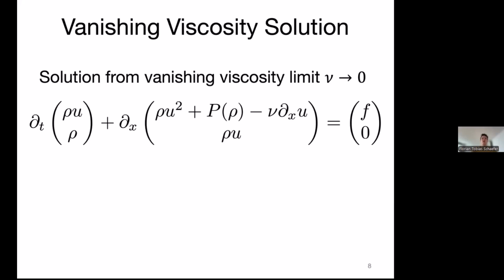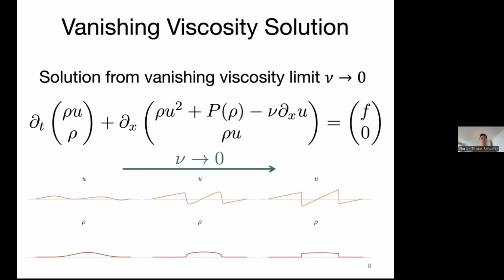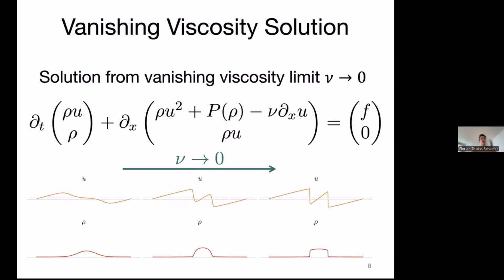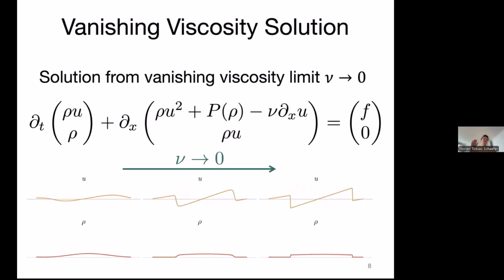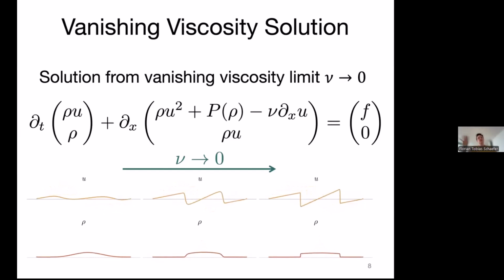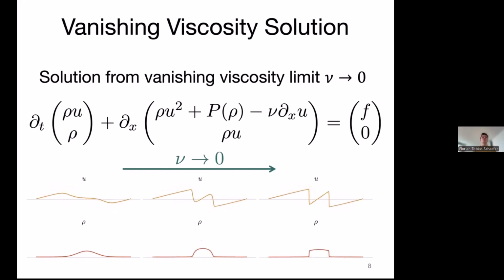So formally, as an idealization, we look at the limit of such solutions as we let the viscosity go to zero, and that is what we consider our solution.